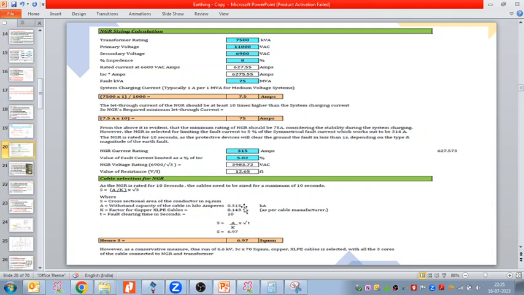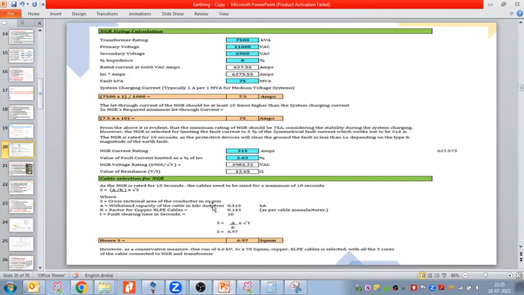Current is 315 ampere, which is going to flow. K factor is 143 because we are taking the XLPE copper cable. For aluminium it is 94, that value of K we take, and the fault clearing time or fault withstand time we are going to take as 10 seconds.